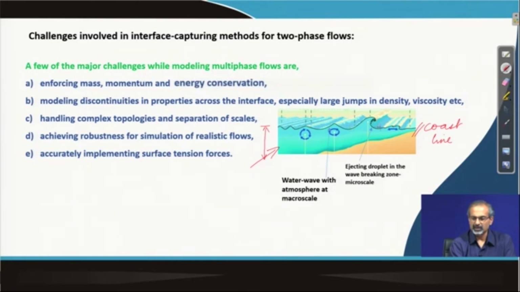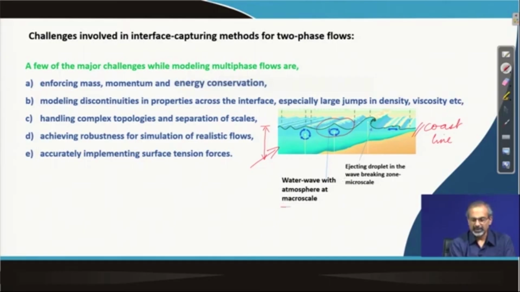As the waves approach the coastline, you can find that waves in this region are more on a macro scale, in the sense that there are larger length scales associated with these waves; the wavelengths are larger, amplitudes could be larger, but even then it is two continuous phases which are interacting with each other.